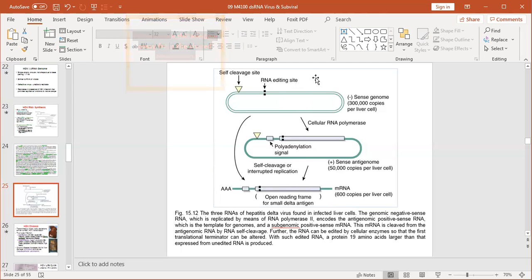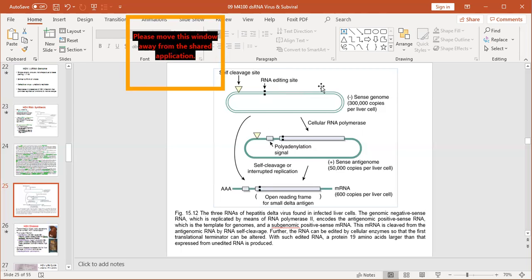So the translational termination sites will be altered. And if that happens, then we end up with two proteins. One is slightly longer. I believe it's 19, 20 amino acids longer than the unedited form. But I want you to concentrate on how these three types of RNAs are being produced.